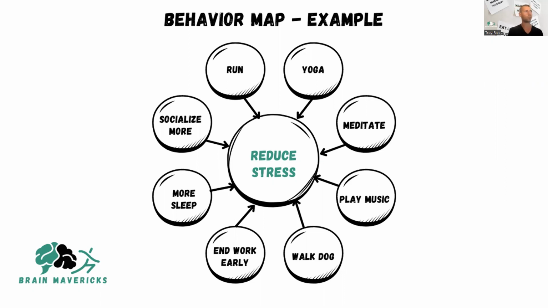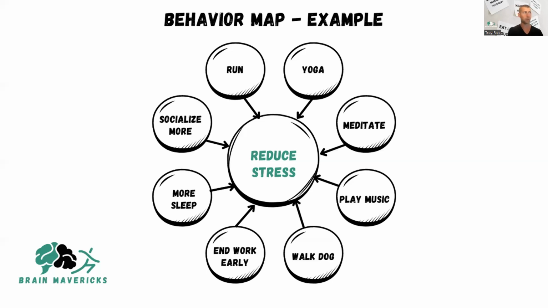And so, for example, you might pick reduce stress. Okay. What surrounds that in your map would be the behaviors, and it would be behaviors you come up with. This is an example, but yoga, run, meditate, playing music, maybe playing a guitar or something that really calms you. Maybe it's singing, walking your dog, ending your job early. Maybe you have a very stressful job and you want to take 15, 20 minutes off early every day.